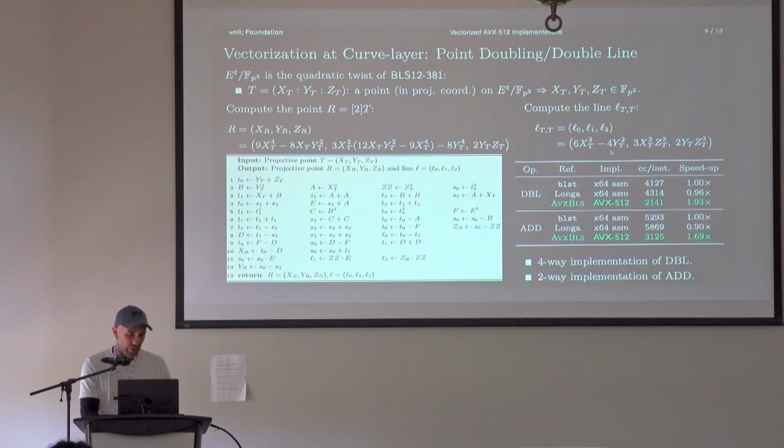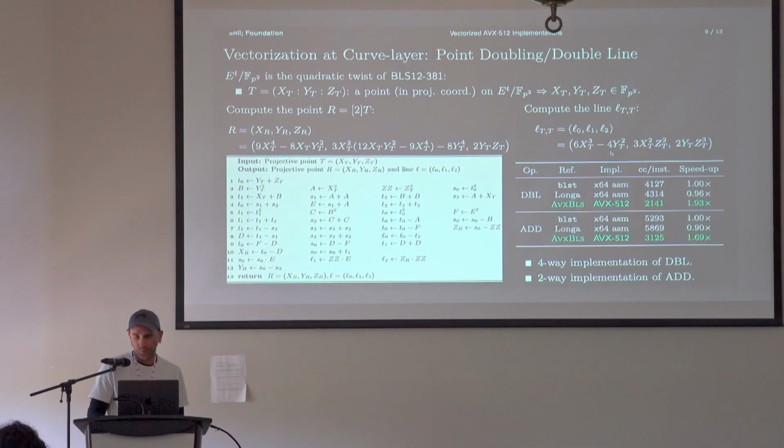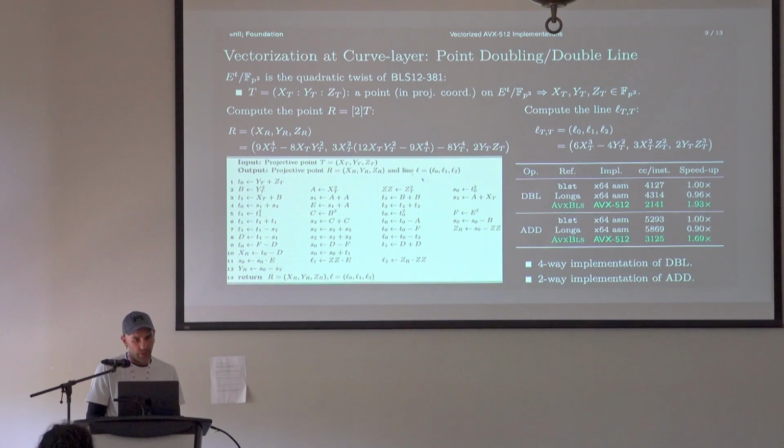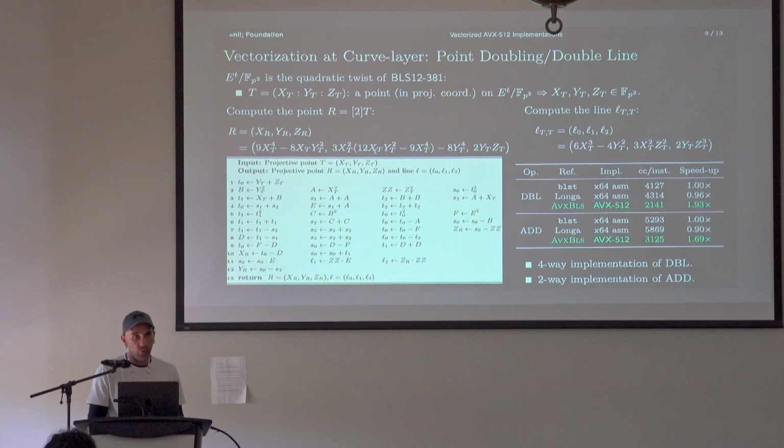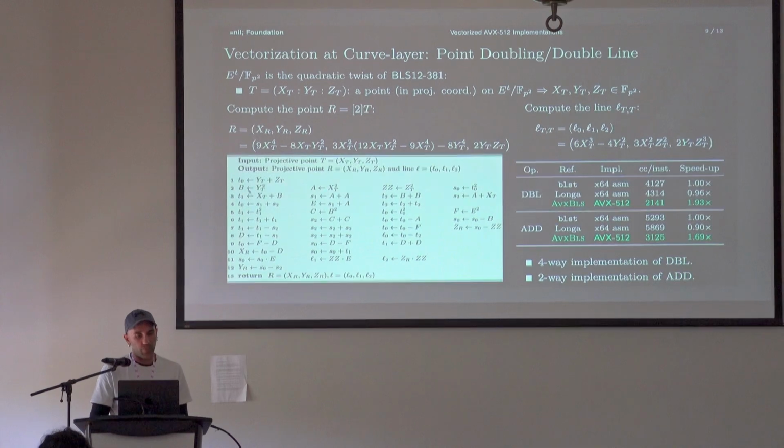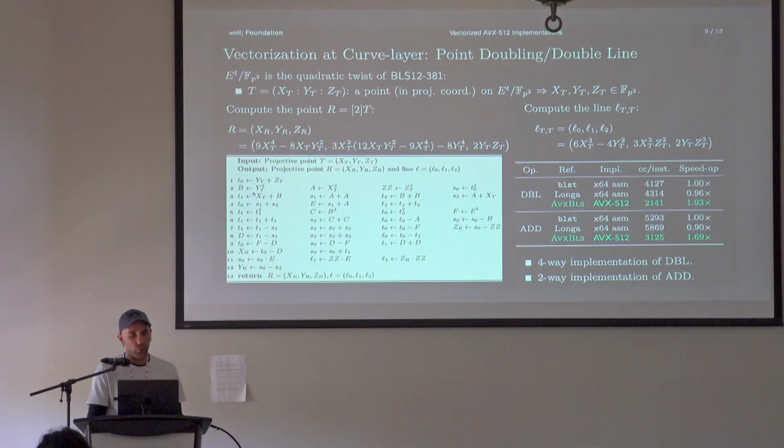So what we did is we vectorized the algorithm that was already implemented in BLAST, in 4-way. It means that we're executing 4 fp squared operations in parallel. For example, in step 2, you can see that we're executing 4 squarings in fp squared in parallel. If you consider the original BLAST implementation, all these instructions are executed sequentially.